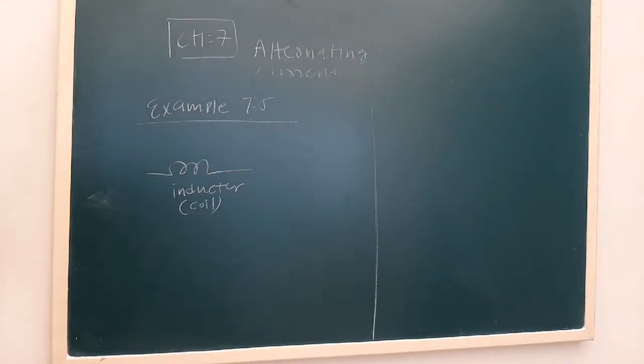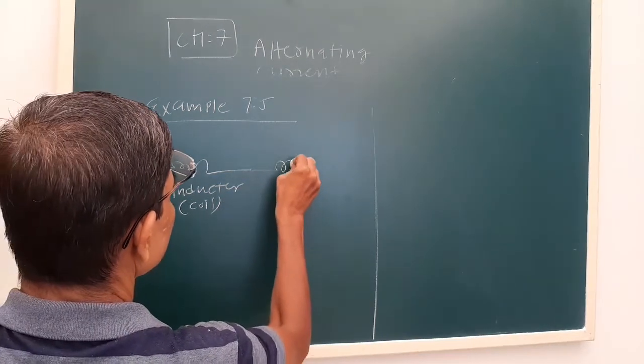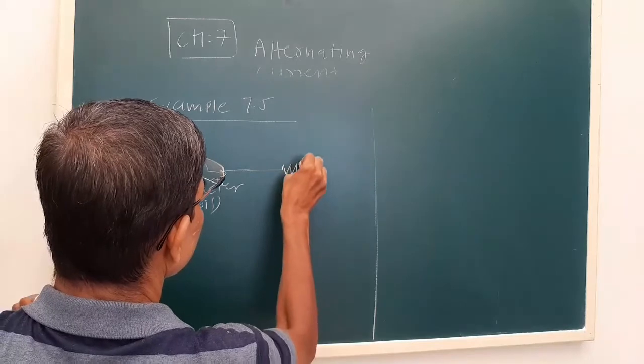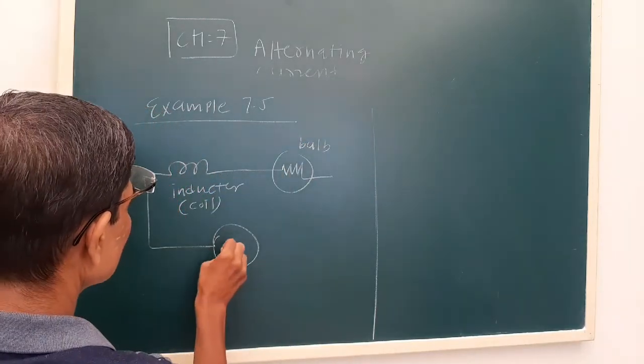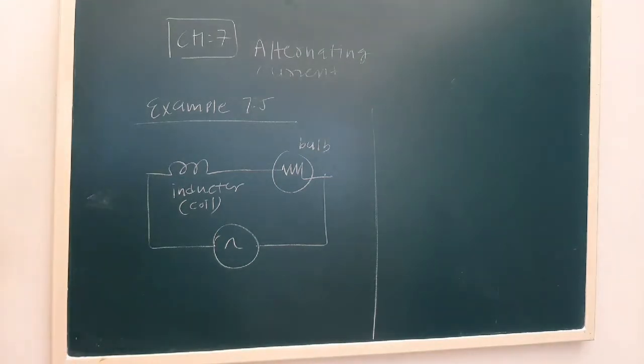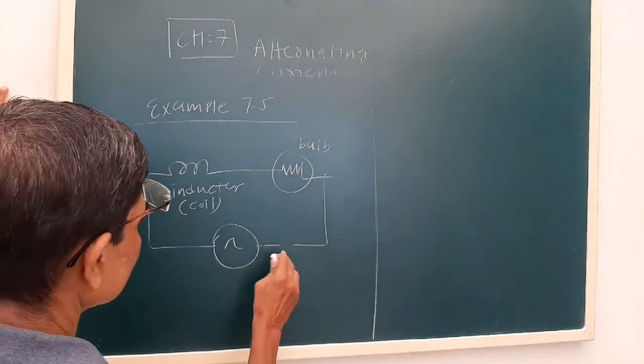You might have seen a choke coil in our tube light earlier; nowadays it is an electronic choke also. See the inductor, it is connected with the bulb. This is the conventional symbol that we have accepted. The switch is closed.